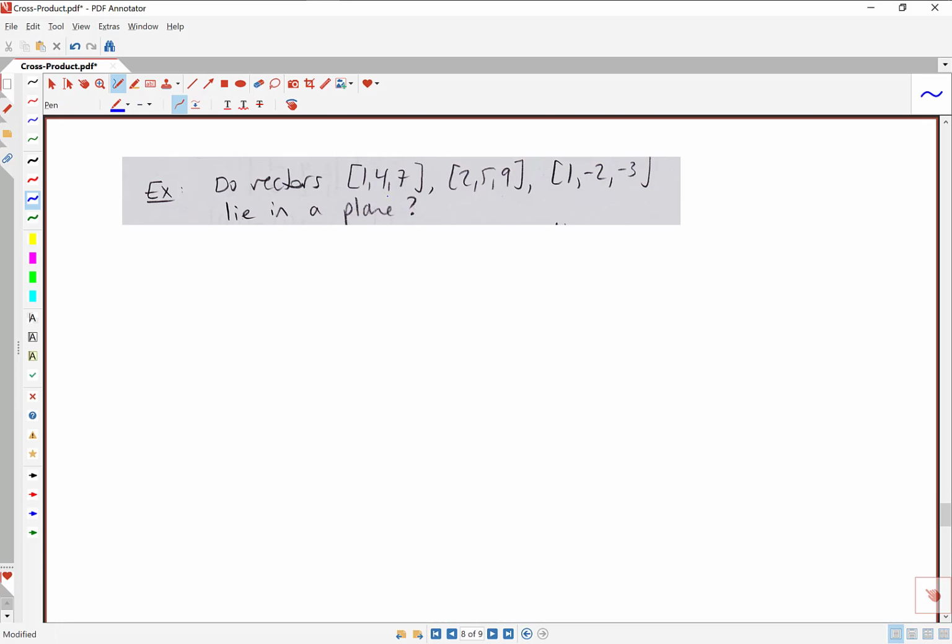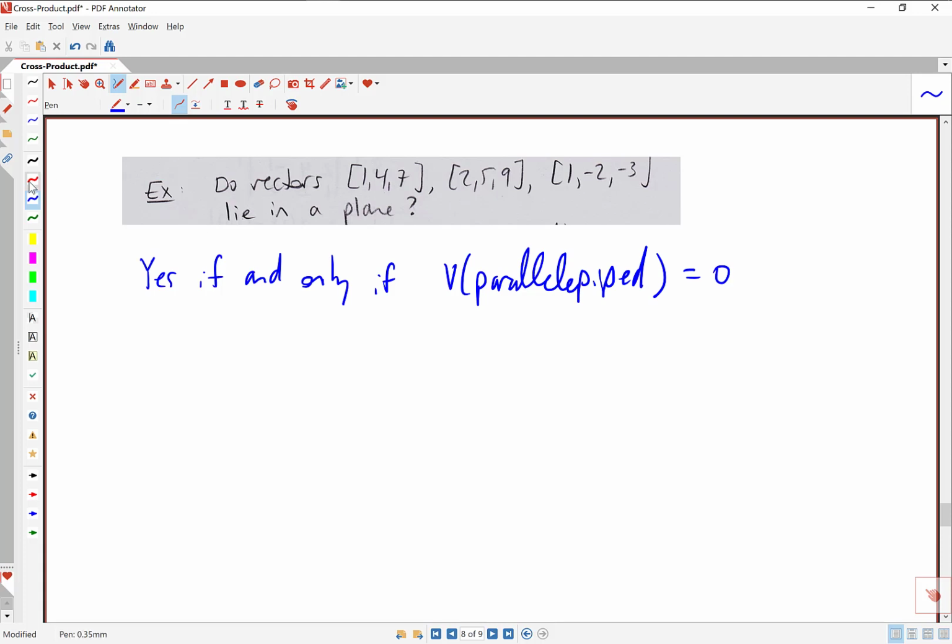So do these three vectors in R3 lie in a plane? Well, the answer will be yes if and only if the volume of the parallelepiped is equal to 0. Let's think about this.